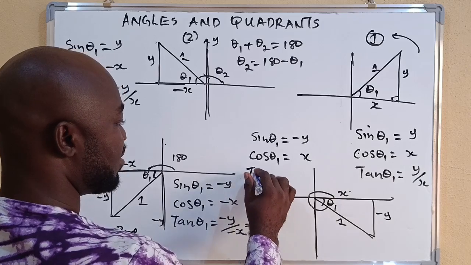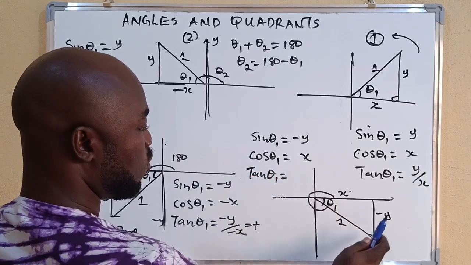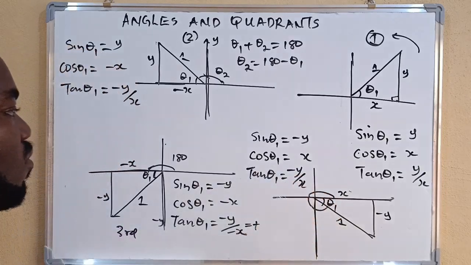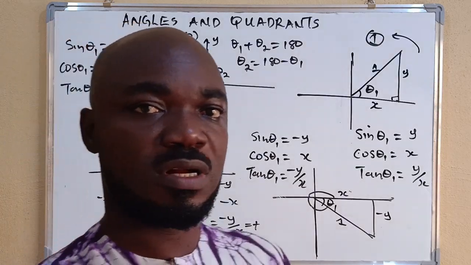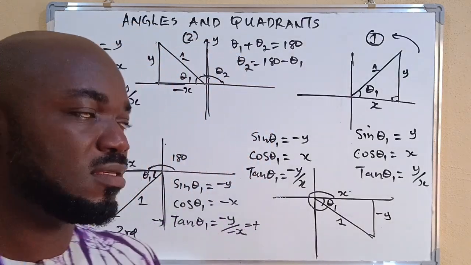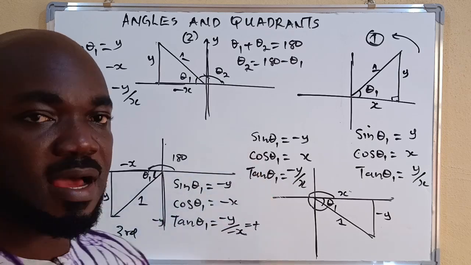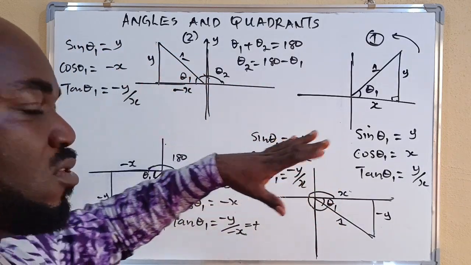And then tan theta 1 will be opposite over adjacent, which is minus y over x. So in the fourth quadrant, only cosine is positive. Sine and tan are negative. So this is how these ratios keep alternating.